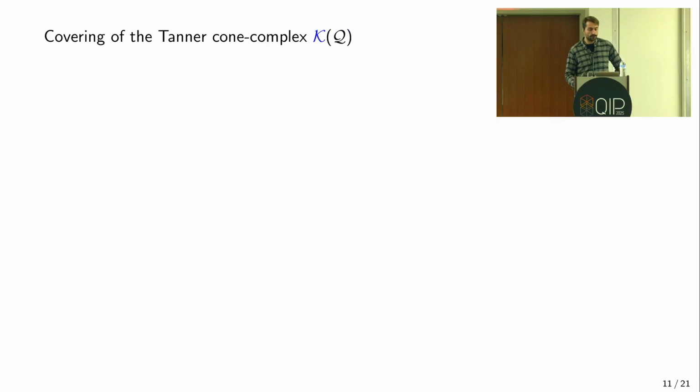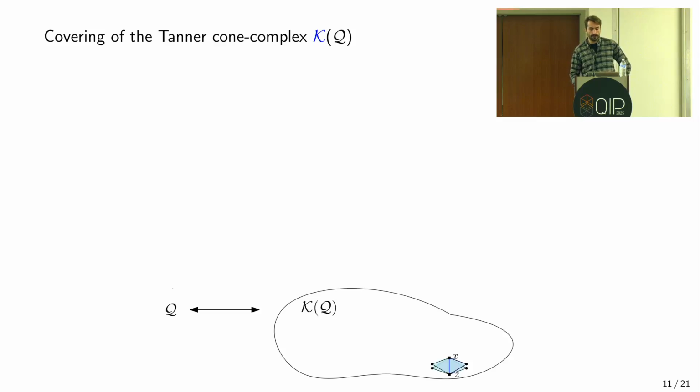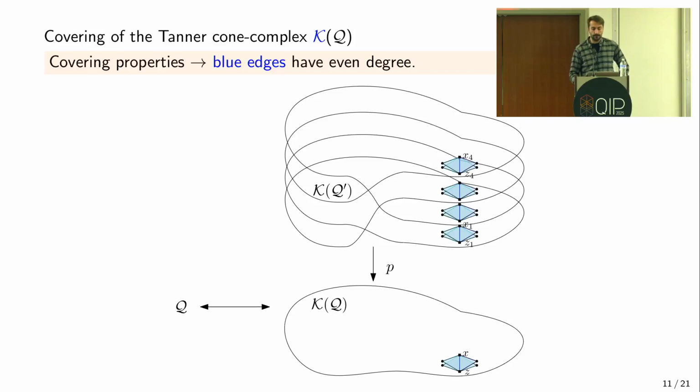Because now we want to try to do a covering of this Tanner-Cohn complex. So we start from any quantum code Q, and here we create this Tanner-Cohn complex, and we have lots of these blue edges and faces like that, and then we generate some covering.